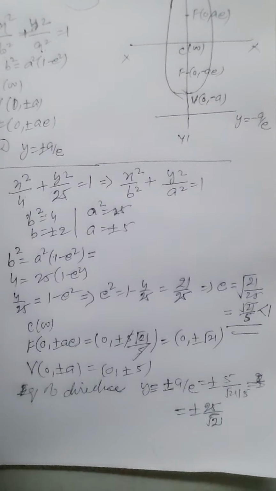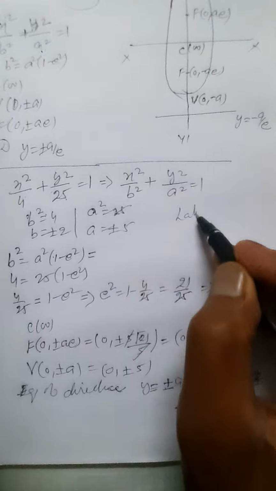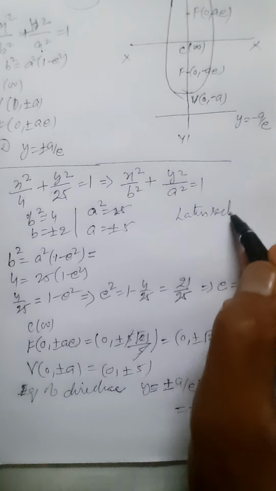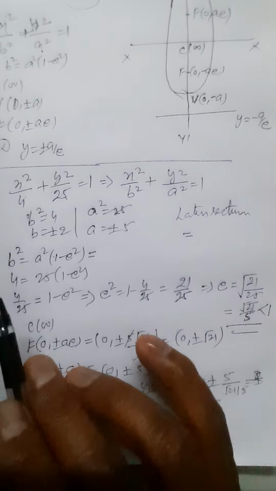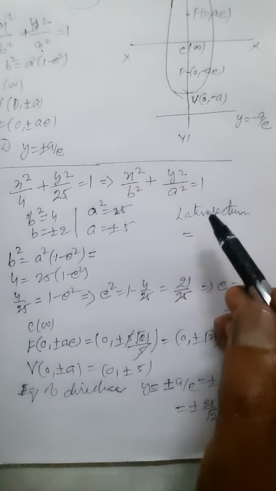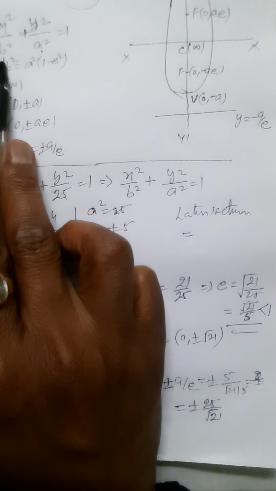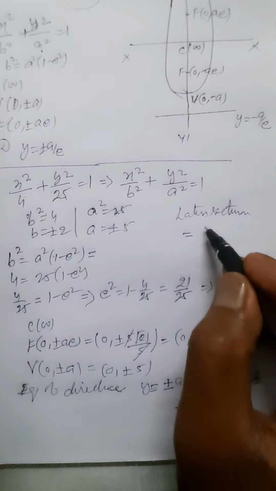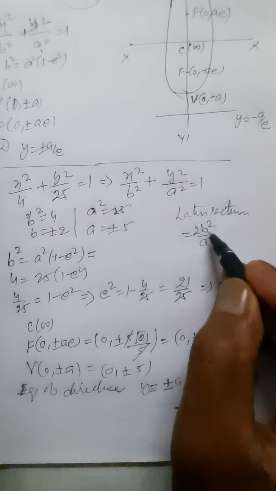One more thing is also here, that is latus rectum. The value of latus rectum will be the same in both the cases, in the first case and the second case. First case in which a square is with x square. So the length of latus rectum is 2b square upon a in both the cases.